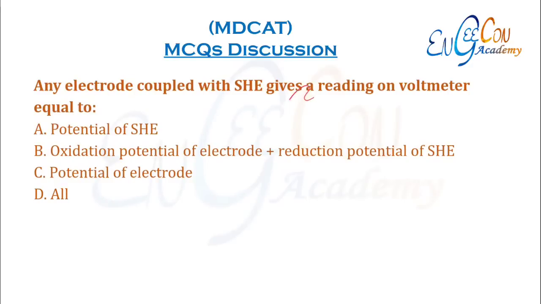Any electrode coupled with SHE gives a reading on voltmeter. So whenever we couple any electrode with that of standard hydrogen electrode, its oxidation potential can either be greater or be lower than that of the standard hydrogen electrode. So it gives us the single potential of electrode, which can either be oxidation or reduction.